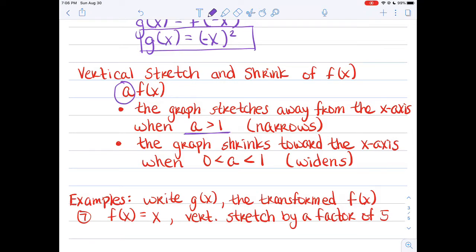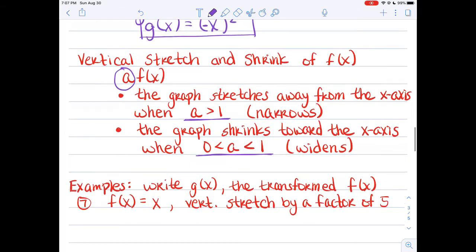We consider it a shrink towards the x-axis and going away from the y if a is between 0 and 1. And so in that case, on a graph, you're going to see that the graph is widening. So again, less than 1, between 0 and 1 is a shrink, greater than 1 is a stretch.